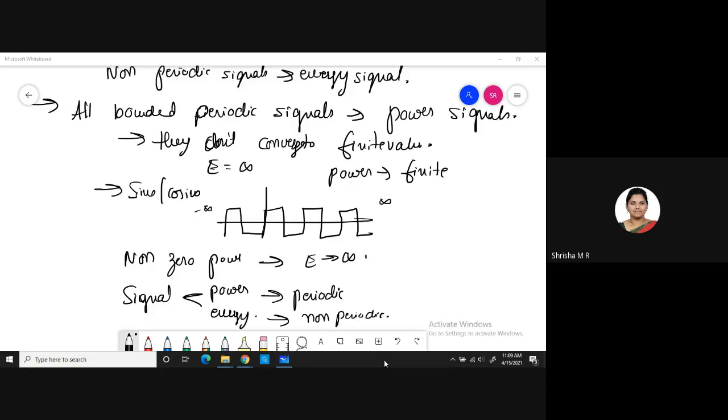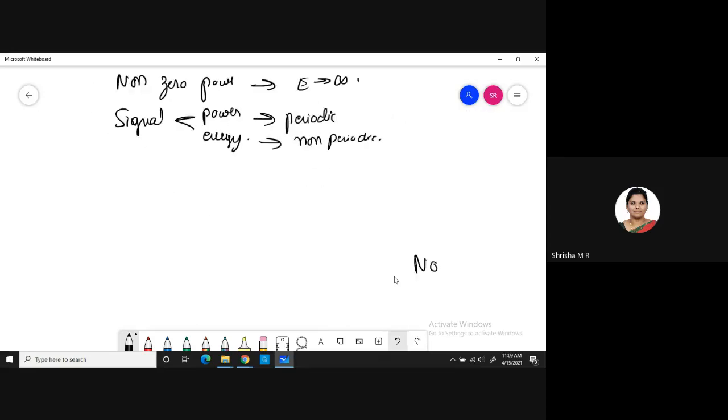So the best example of a non-periodic power signal is the unit step signal.